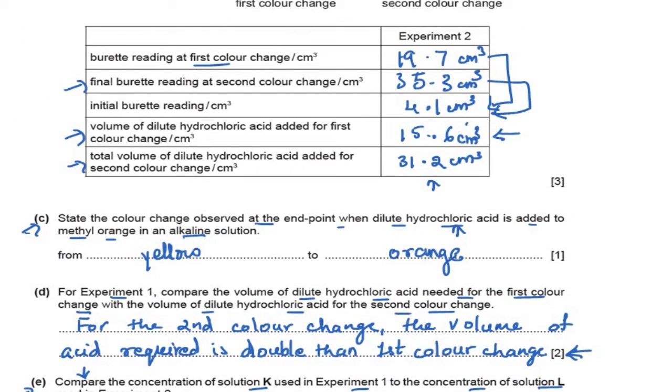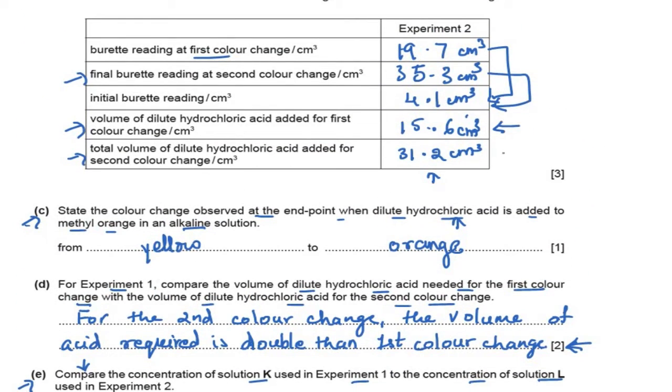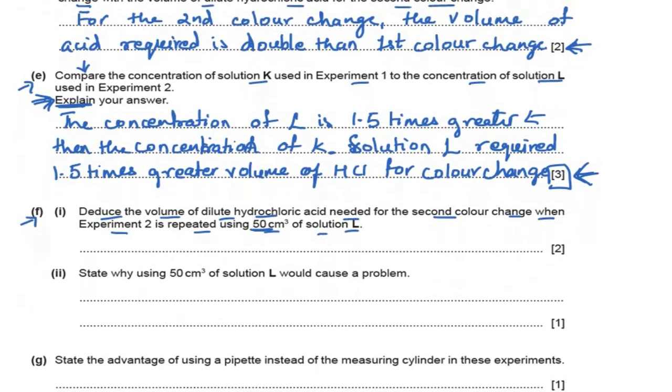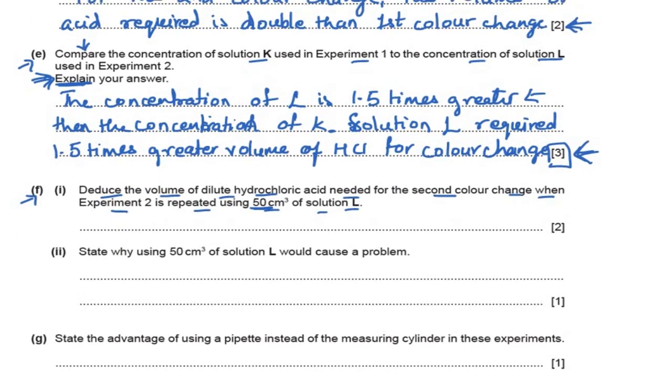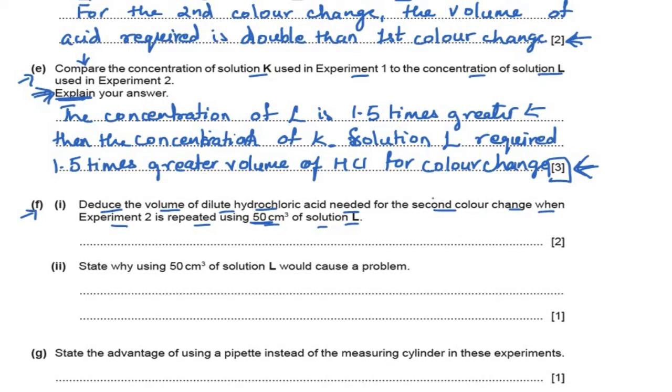Now if double the volume of L is used in the second experiment, obviously we will need double the volume of HCl for the color change. So if we have 31.2, then double of it is required. So let's specify it. For the second color change, 31.2 double is 62.4.